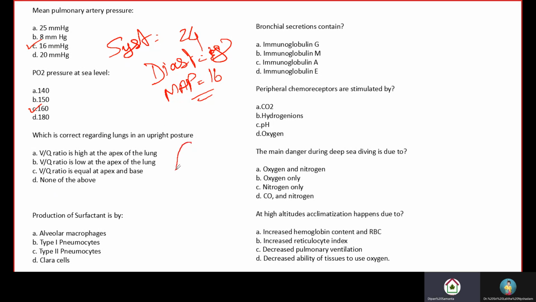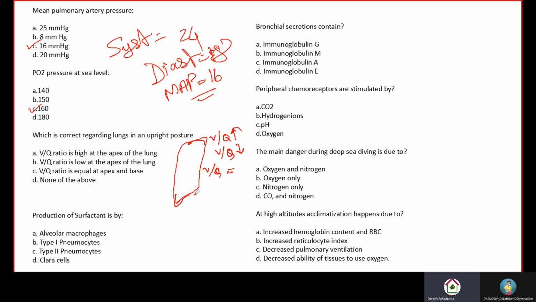The options are V/Q high at the apex, V/Q low at the apex, V/Q equal, and none of the above. So the answer will be, in upright position, V/Q will be high at the apex of the lung.